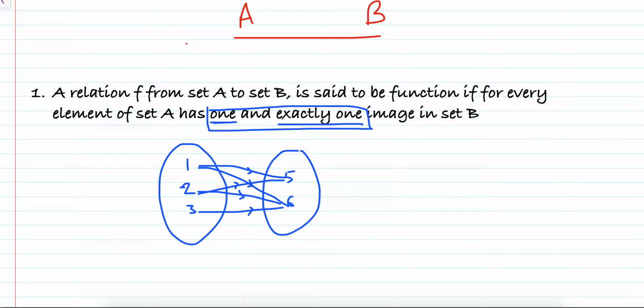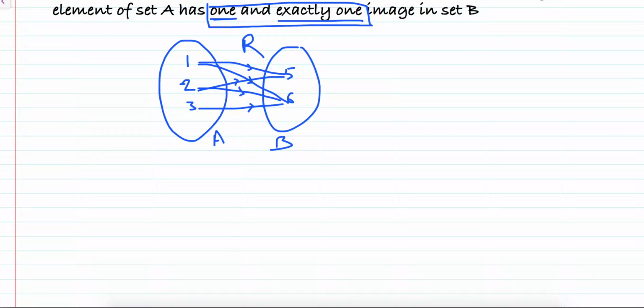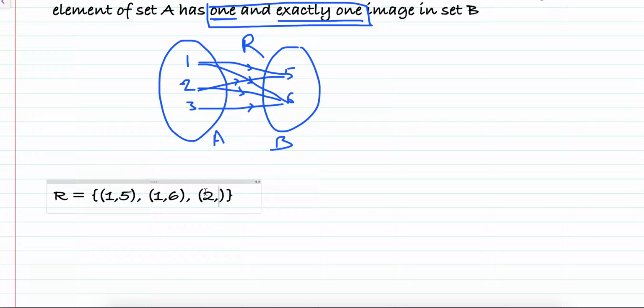Suppose this is our relation from set A to B. We will write this relation as (1,5), (1,6). Clearly this is not a function. I am just writing the example of a relation. So (2,5), (2,6) and (3,6).